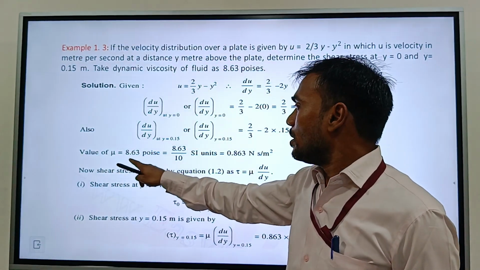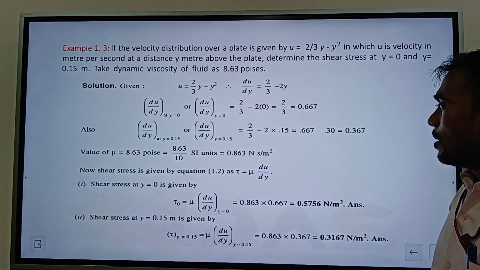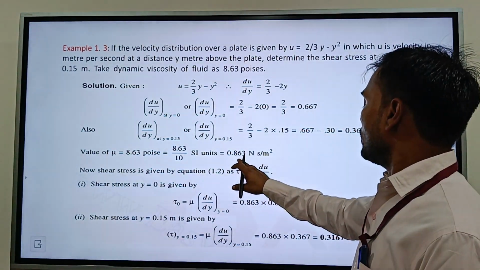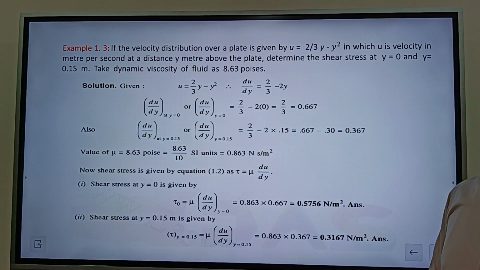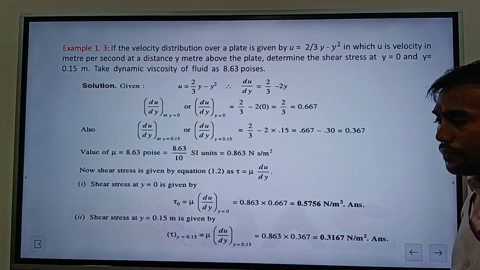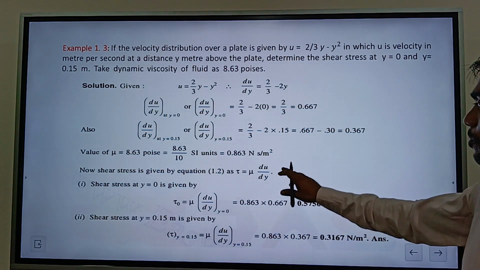Now the value of mu is 8.63 poise. If we convert it into SI units, it will be divided by 10. So the value will finally be 0.863 Newton second per meter square. Now use the basic formula, that is Newton's law of viscosity: tau is equal to mu into du by dy.